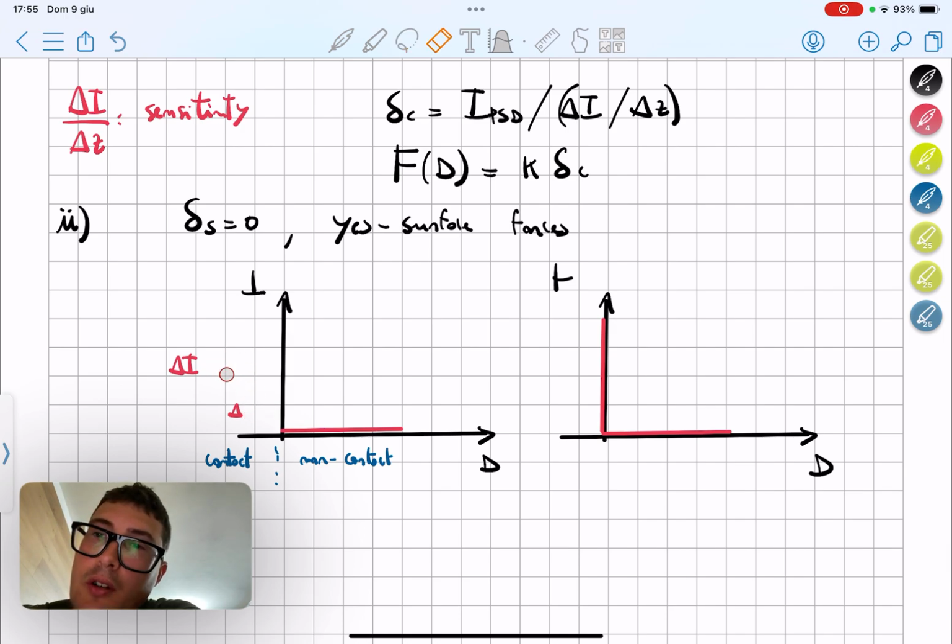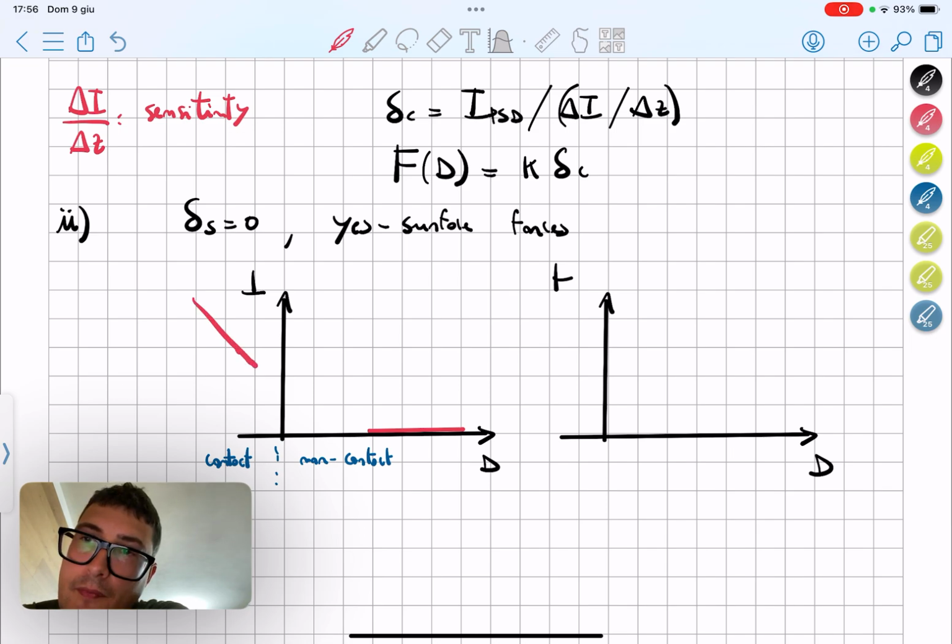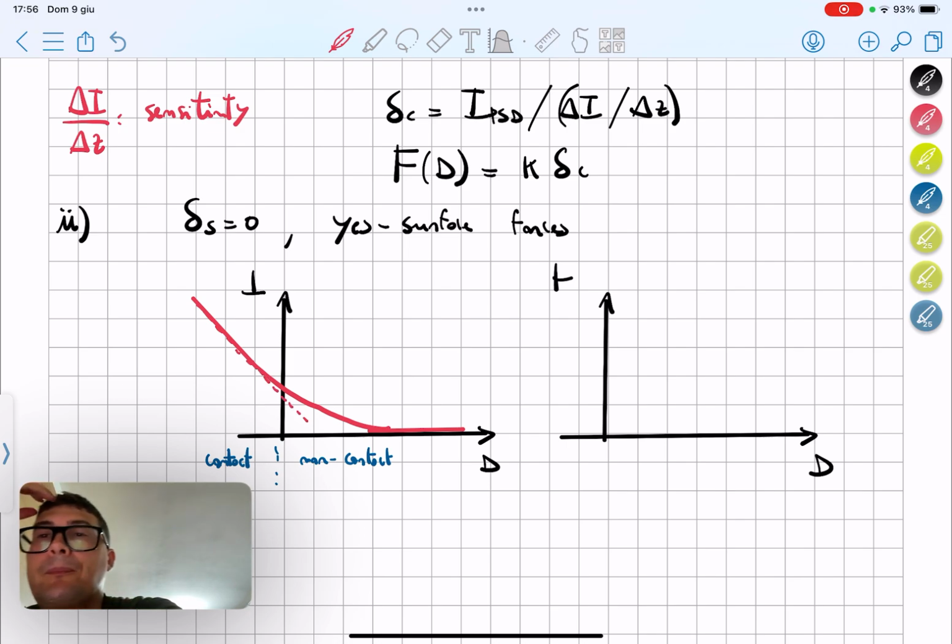As we switch on the forces, there is a transition from this regime into a linear regime here, and therefore a transition curve like this that goes into a linear regime, which occurs at a certain point here.